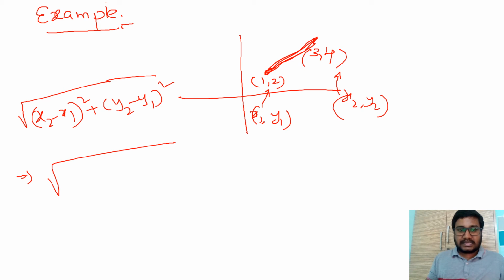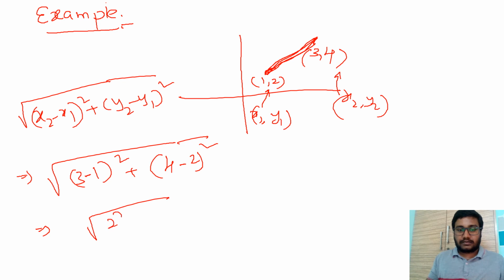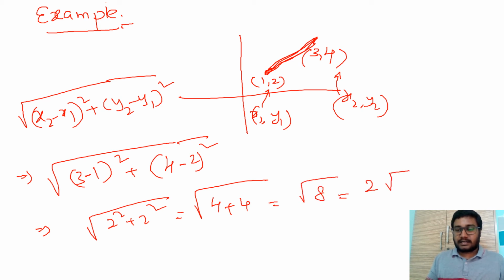So x2 is 3 minus 1 whole square plus y2 is 4 minus 2 whole square. It implies square root of 2 square plus 2 square, square root of 4 plus 4, square root of 8, which is written as 2 root 2 units. This is the distance between these 2 points, or the length of the line segment joining them.